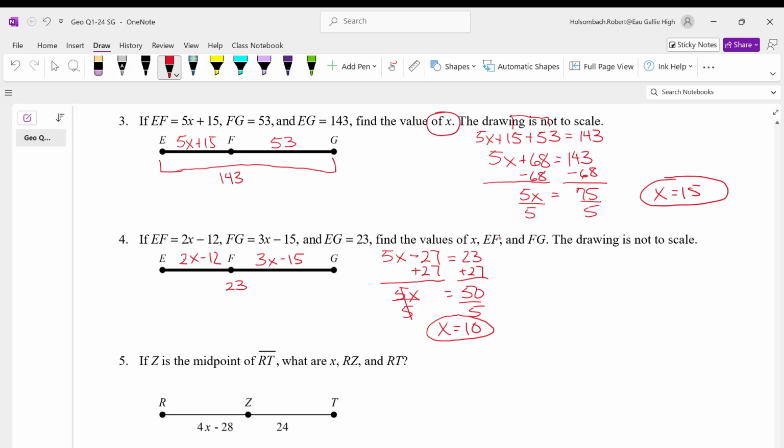We need E to F. Well, EF is equal to 2 times x minus 12. So that's going to be 2 times 10 minus 12. 2 times 10 is 20. Minus 12 is 8.